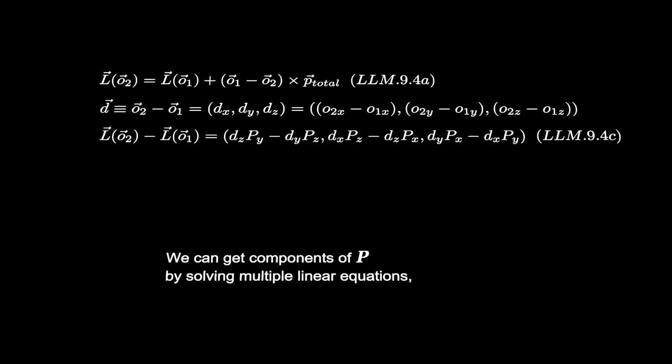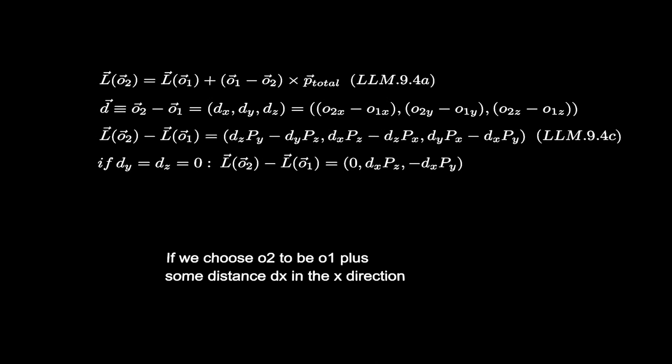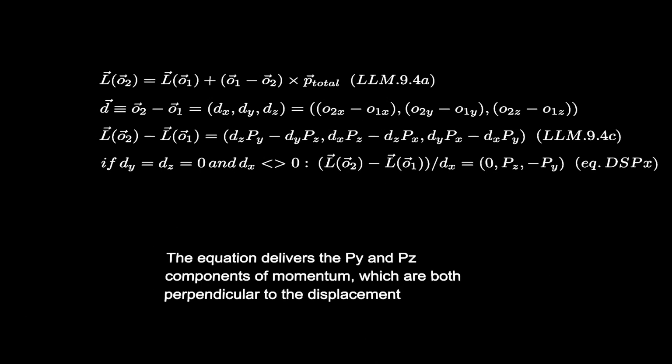We can get components of p by solving multiple linear equations, but it is easier if we choose observation points wisely. If we choose O2 to be O1 plus some distance in the x direction, the equation delivers the py and pz components of momentum, which are both perpendicular to the displacement.